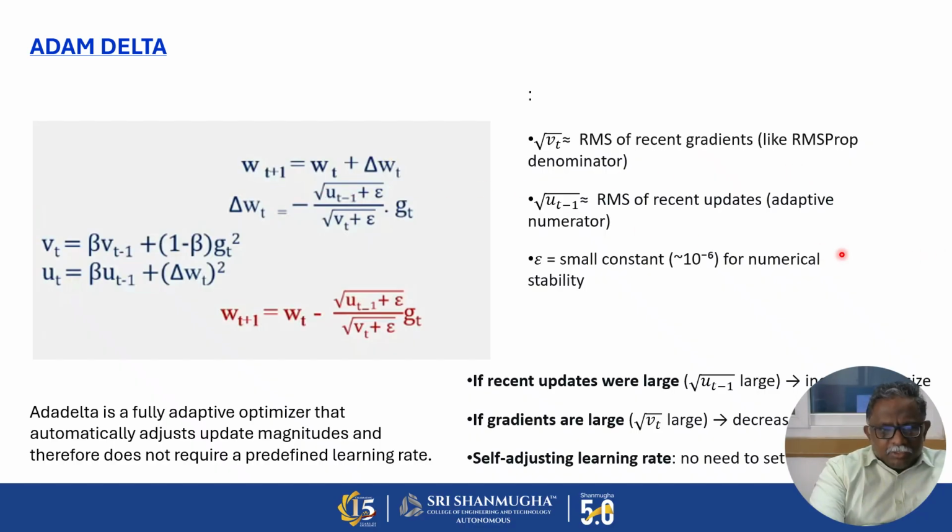This is applied in finding the new weights. Since it doesn't manually fix the learning rate, it adjusts the weights and doesn't require any predefined learning rate. That is the advantage of Adadelta.